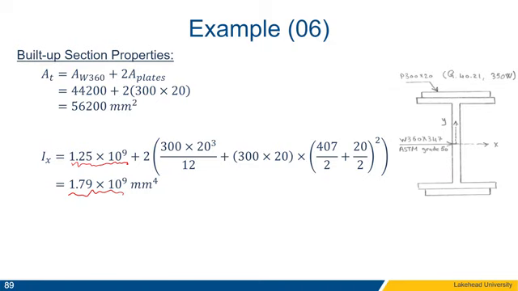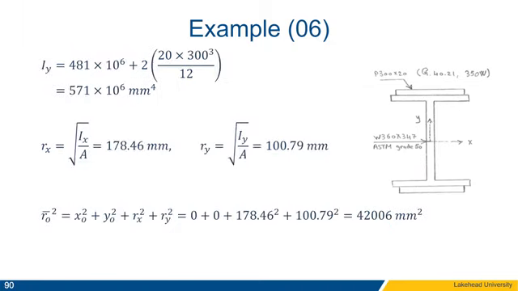Okay? We will do the same thing for the y-axis, but it is much easier, because the local axes of all of the sections coincide. They are all along the y-axis, so we don't have any problem.